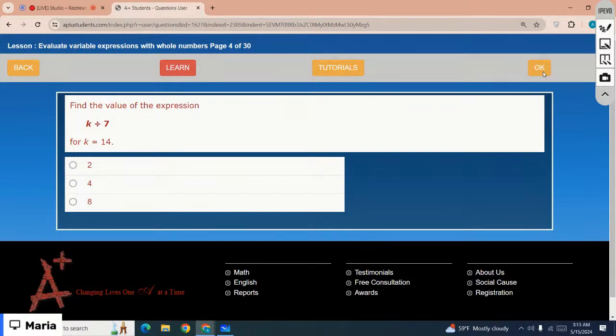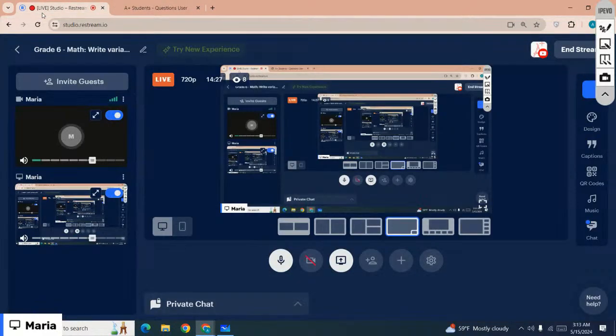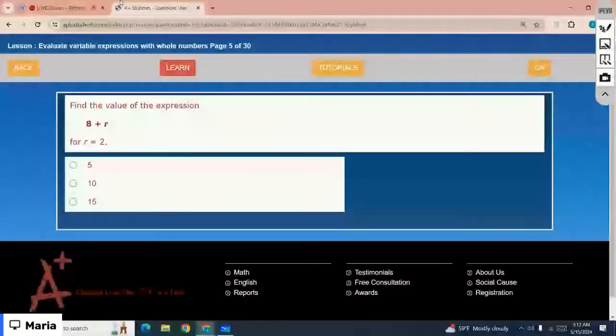Replace the k with the value, so that would be 14 divided by 7, and the correct option is 2. Can you hear me? Okay, the next one. Find the value of the expression 8 plus r. So replace the r with the value, so which is the correct option?